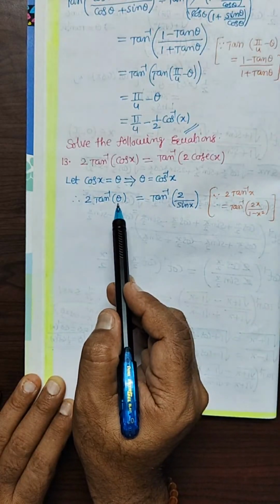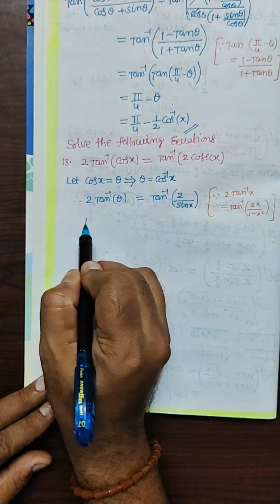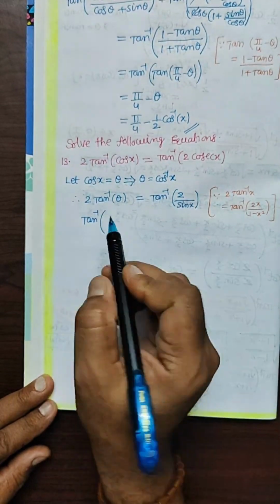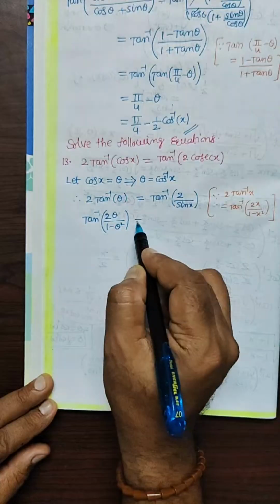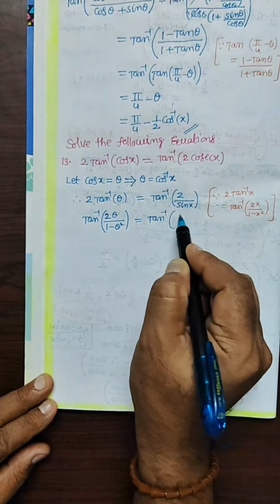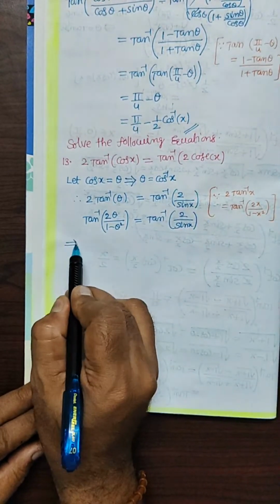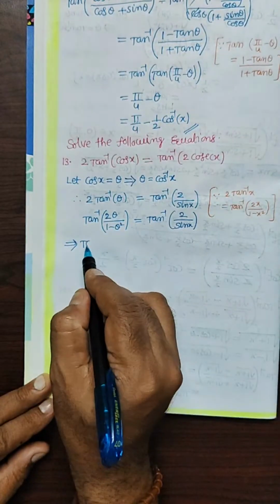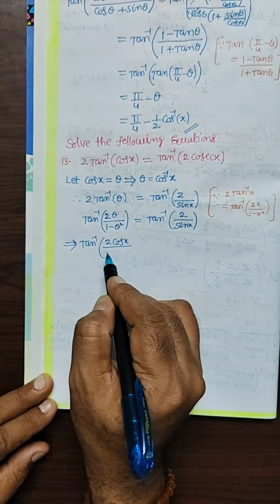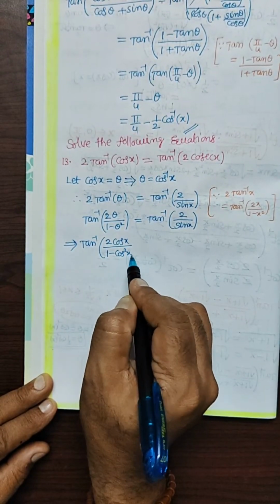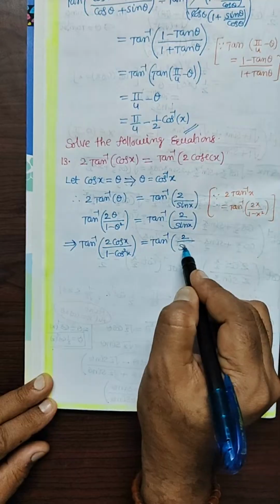2 tan inverse x is equal to tan inverse of 2x by 1 minus x square. So what is x in this? Theta, no? So first you write it like this. Tan inverse of 2 theta by 1 minus theta square is equal to tan inverse of 2 by sin x. So wherever theta is there, replace it with cos x. Tan inverse of 2 cos x by 1 minus cos square x is equal to tan inverse of 2 by sin x.